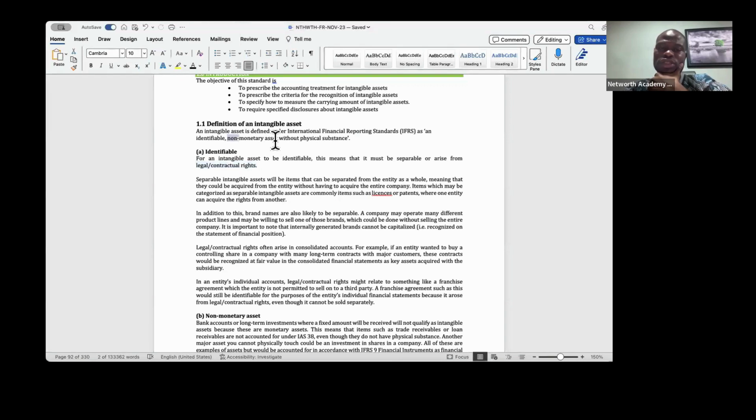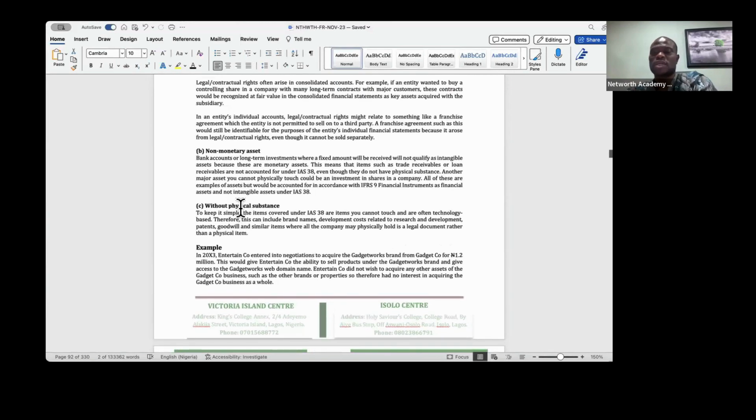The second one is non-monetary assets. You see, for an item to be an intangible asset, it must be a non-monetary asset. And for you to understand non-monetary, let's understand what monetary is first.